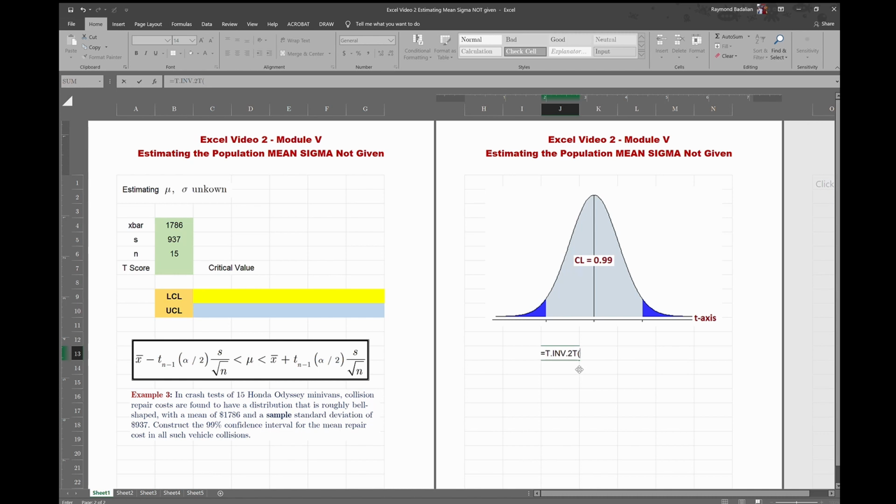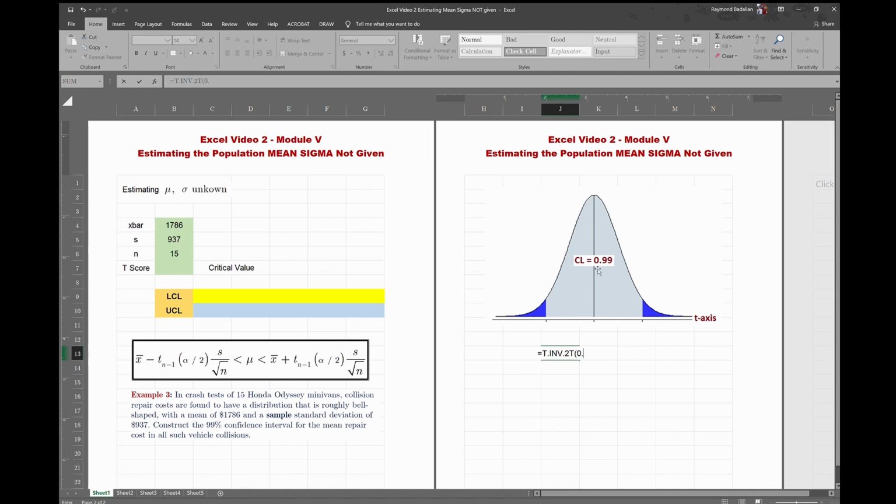It says probability, or two-tail. Basically what it wants you to figure out is the probability in the tail area. This is the belly area, which is 99% given. Now how do you find how much is in the dark blue area, which are the tails? It's obviously 100% minus 99%, which is 1%. I'm going to use decimals: 1 minus 0.99 is 0.01.